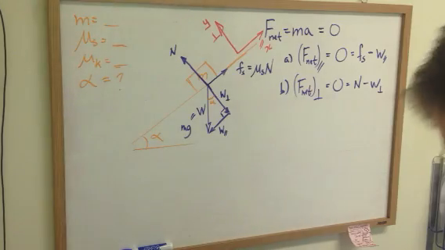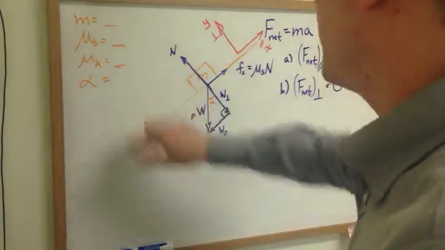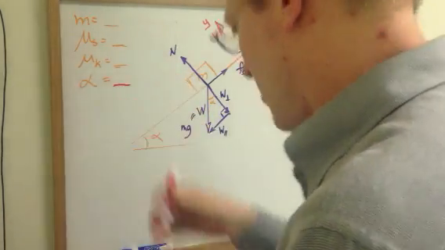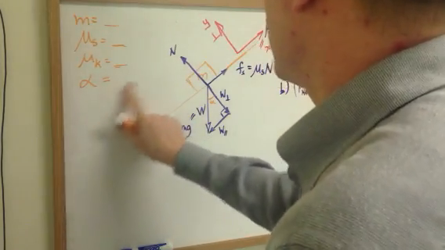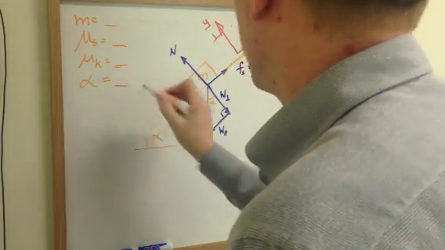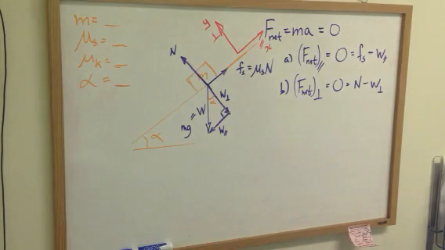So now we know what alpha is. So we know what the two coefficients of friction are. We know what the mass is. Notice the mass hasn't played a role yet, because the weight was canceled out.